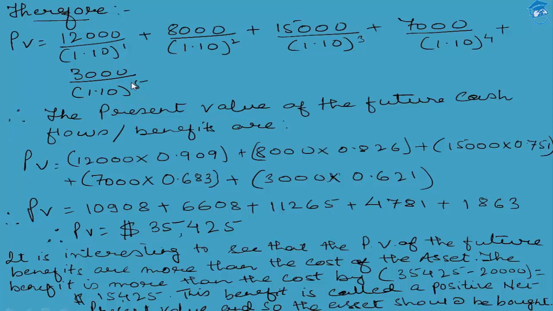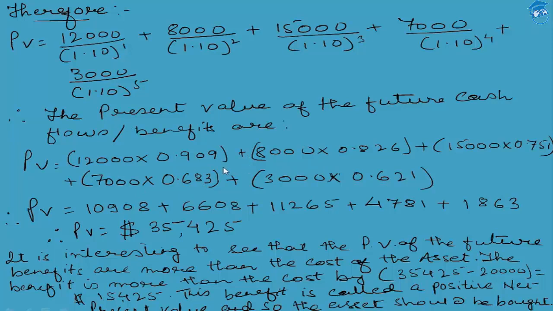So either we can go by the conceptual framework by dividing 1 by 1.10 to the power of 1, 2, 3, and then multiply by 12,000, 8,000, 15,000, and so on, which will ultimately give us 0.909 multiplied by 12,000, 0.826 against 8,000, 0.751 against 15,000, 0.683 against 7,000, and 0.621 against 3,000.